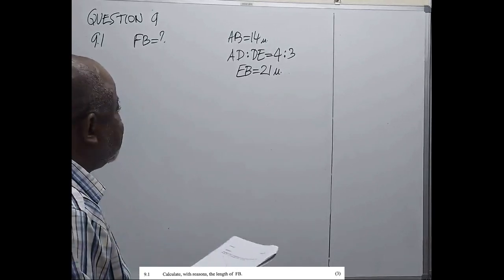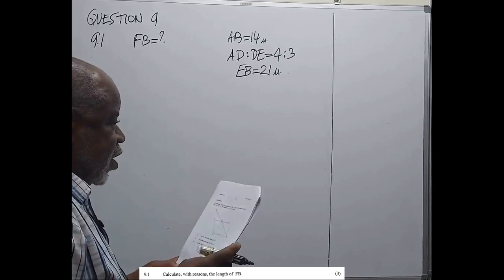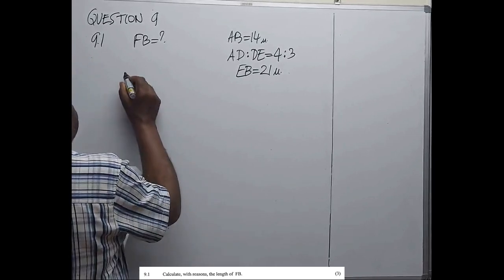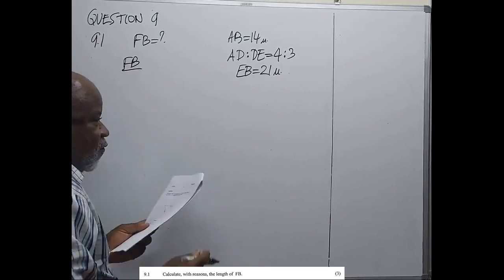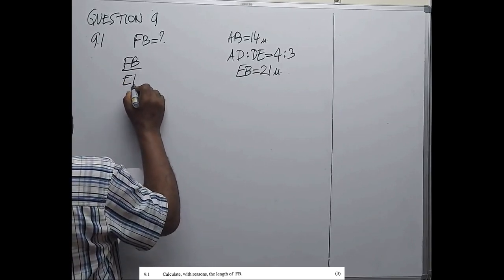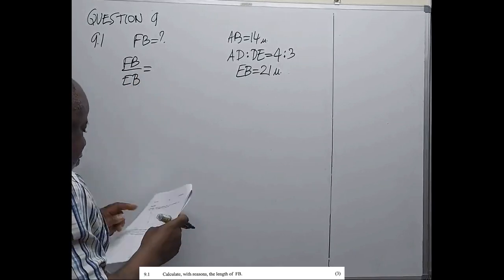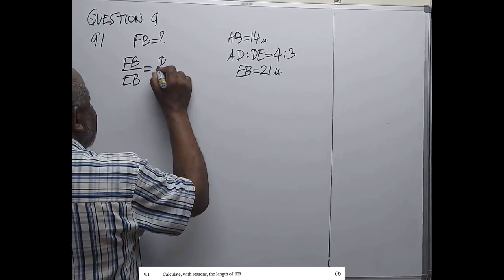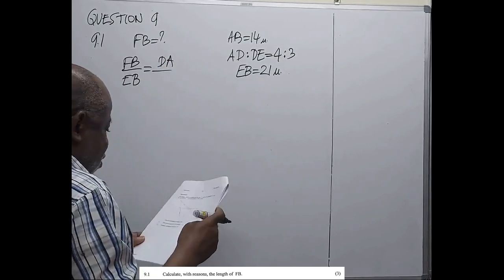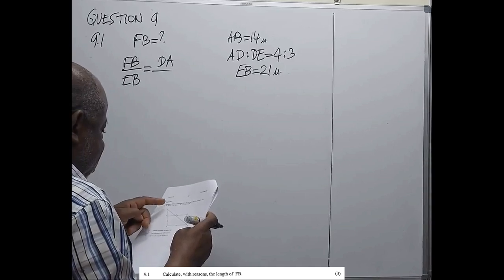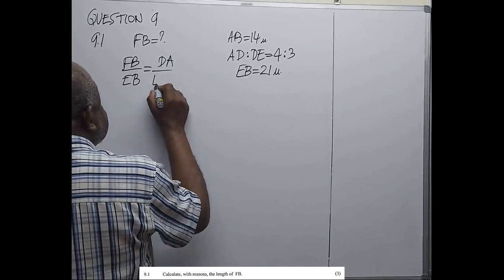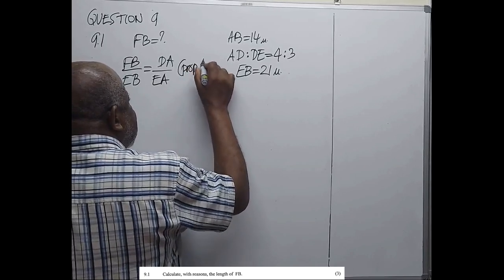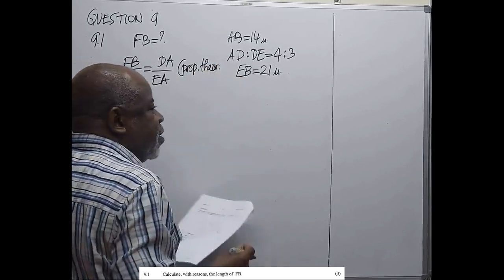So if we consider this proportionality theorem, and observe our diagram very well, FB over EB is going to be equal to DA over EA. And this is a proportionality theorem.